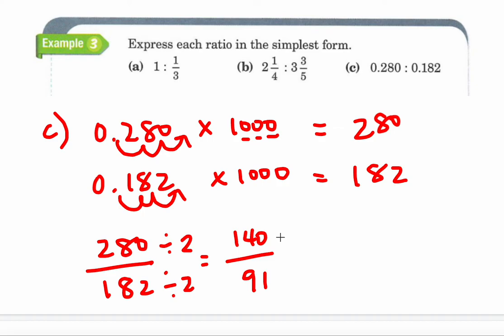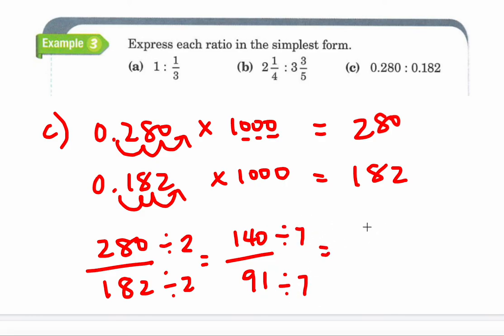Ooh, I'm not sure. Let's see. I don't think so. Yeah, I think that might be it. 2 is not good. It's not divisible. I think 91 might be a prime number. Maybe 7 is the only one I can think of. Let's try it.